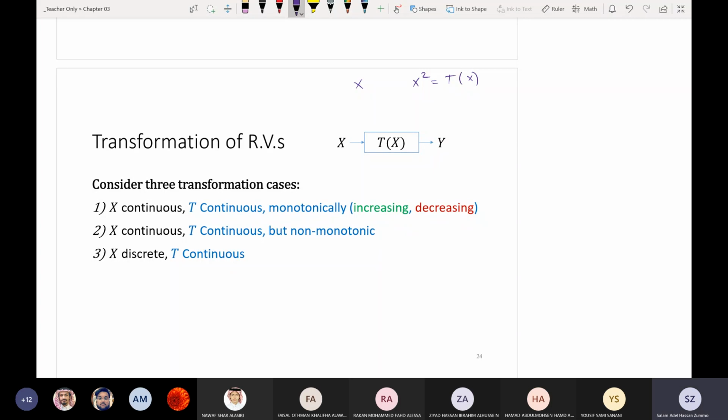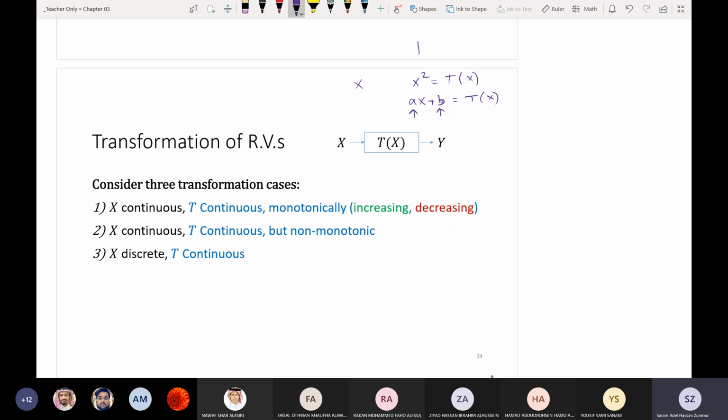In other cases, you have T of X equal to a linear transformation, AX plus B. And this is typical, where basically you amplify and you add a bias. This is typical in electrical engineering. And there are many other transformations.